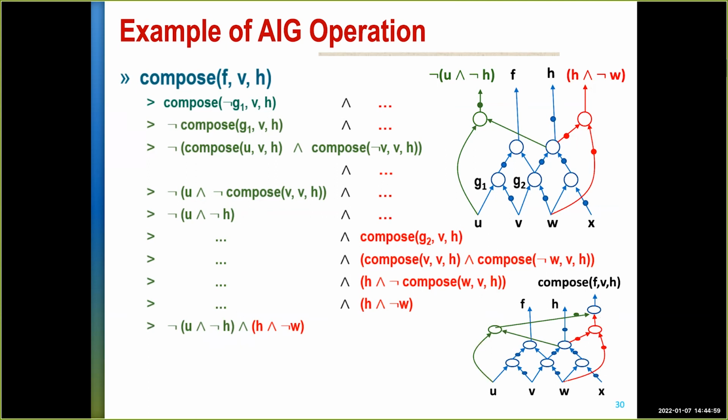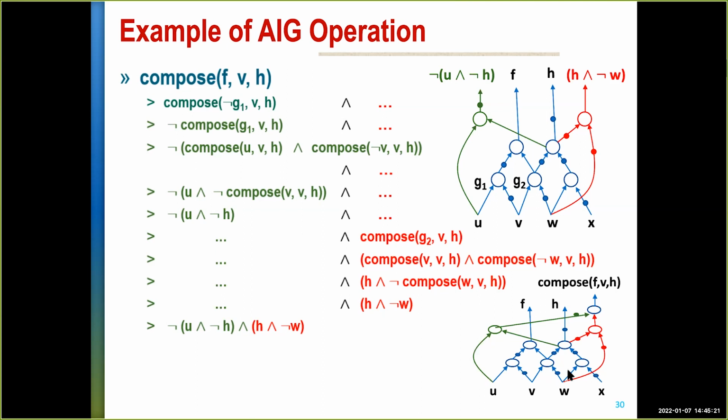Notice something remarkable, that I did not actually take the output of H and plug it into V, because that would have created a cycle. However, I have been able to generate a function which would give me the result as if I had taken F separately and H separately and plugged in H at the input V of F, right?